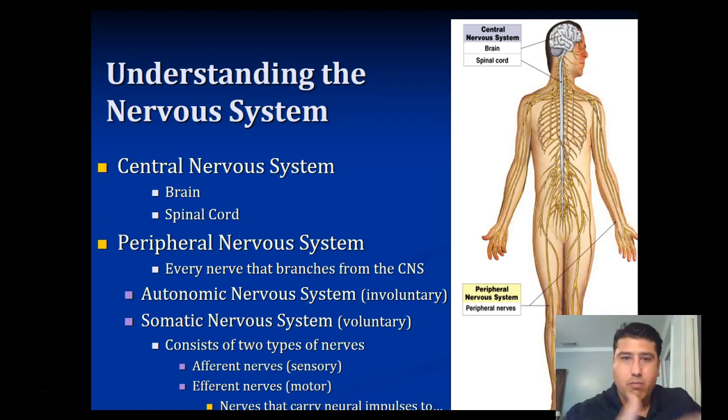In order for us to move, movement is attributed to a combination of muscles moving in unison in order for an entire movement to occur. So the nerves associated with movement are the motor nerves, or the efferent nerves. That's where we get motor development.